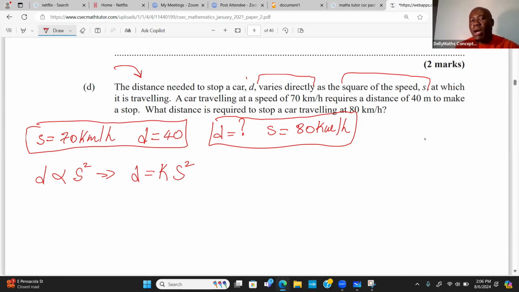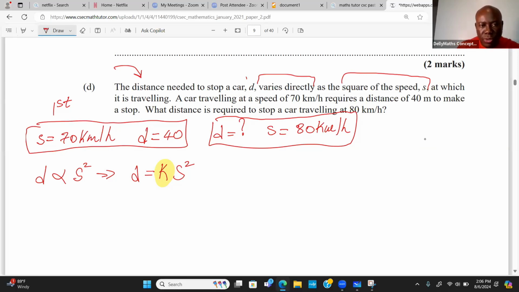Now, in order to work the problem out, we need the constant of variation. In this case, I represented it by calling it K. So we're going to utilize our first response here. This is the first situation where we have two variables that actually worked.